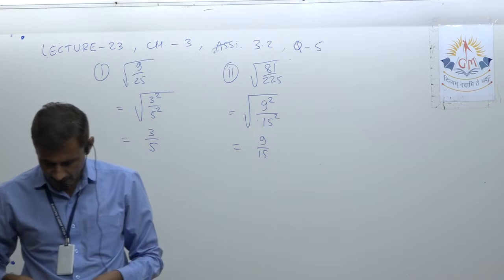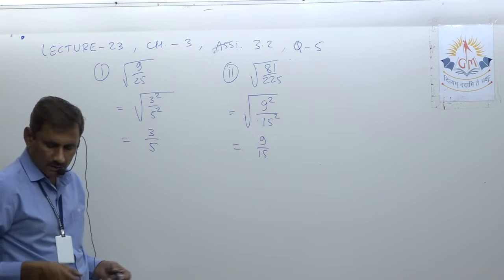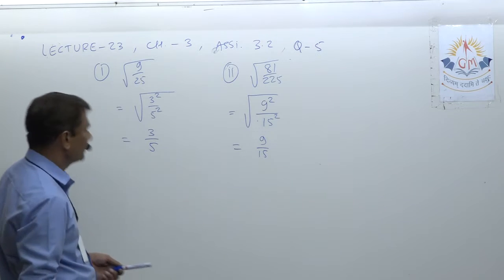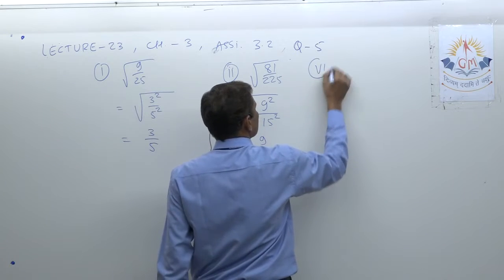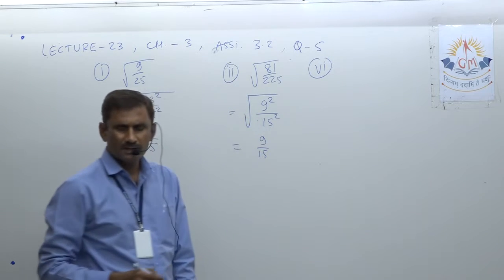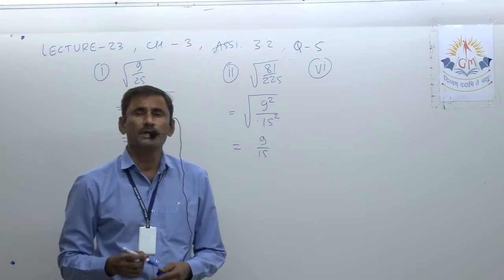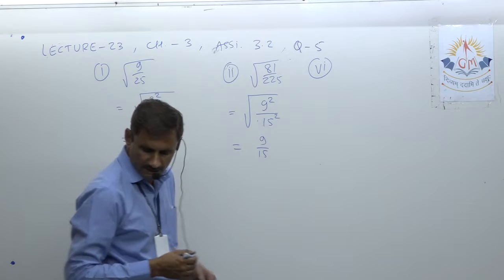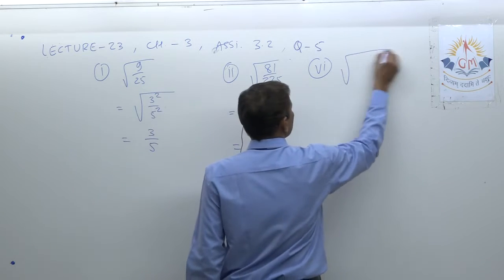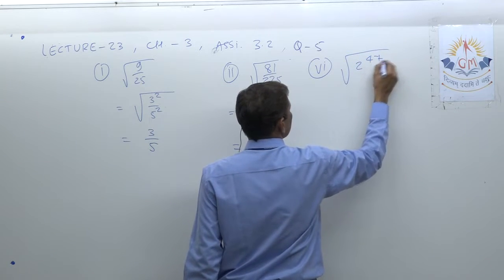Suppose I now solve number 6. What is given there? A mixed fraction is there, and how to convert a mixed fraction into an improper fraction, that you know. So it is 2 integer 47 by 121.